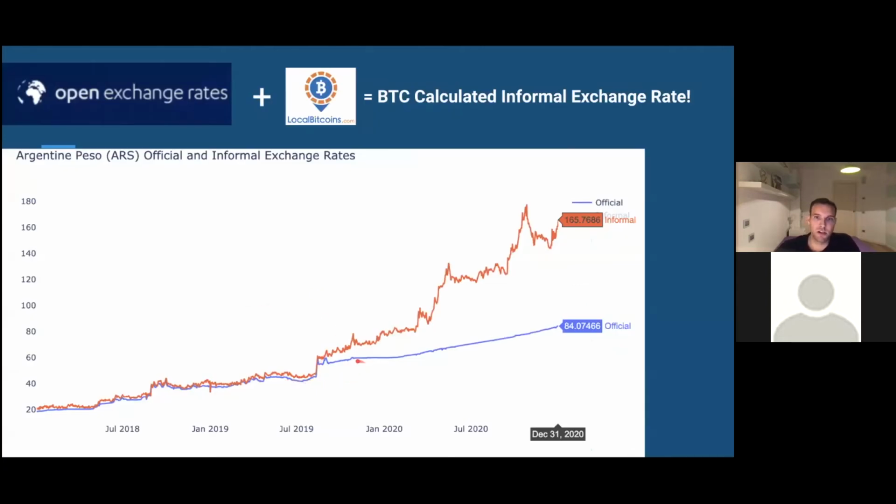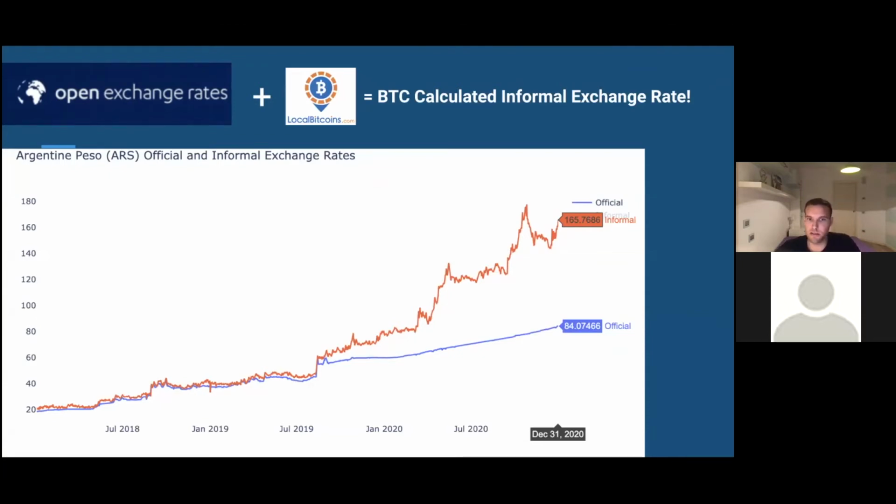In this next chart, I plot out the official exchange rate of the Argentine peso. It's controlled by the Central Bank of Argentina. I get that from openexchangerates.org, and I plot it alongside the informal exchange rate, which I'm deriving from localbitcoins.com.